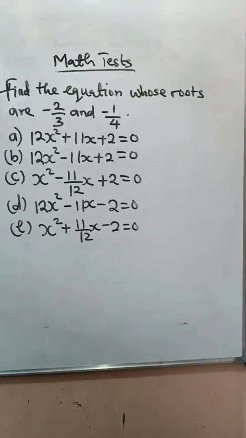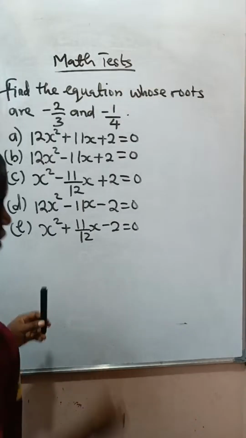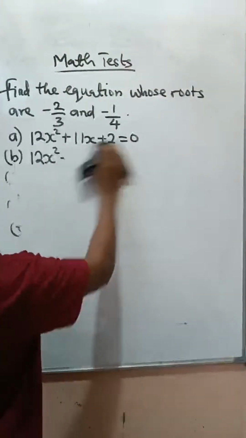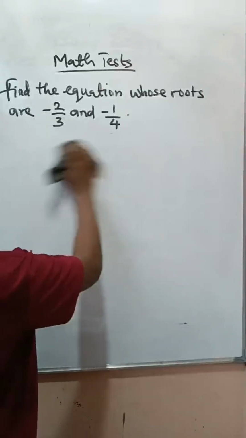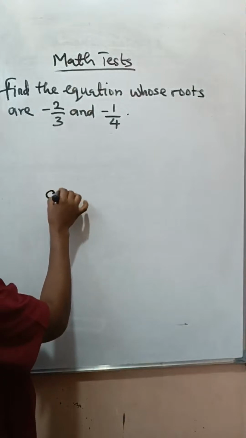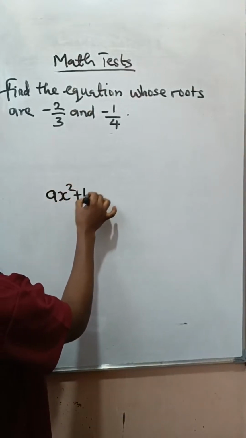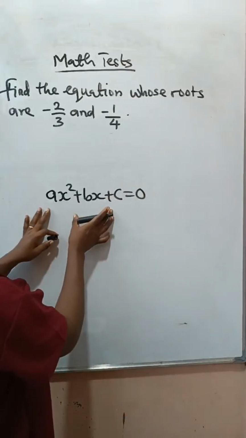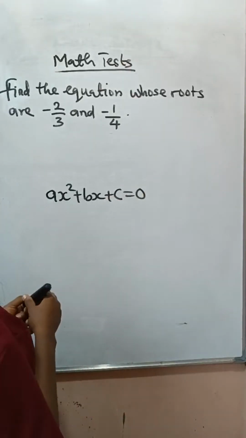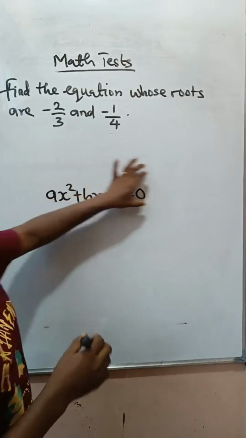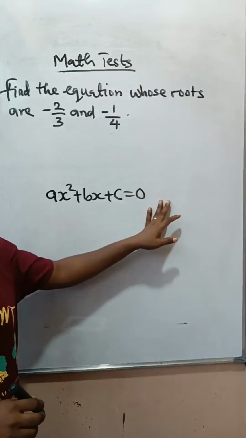Now let's solve this. In this question, we are told that we are given the roots of the equation. When you say, for example, ax squared plus bx plus c is equal to 0, the roots of this equation are the values of x that when you substitute into this equation, you will get 0.